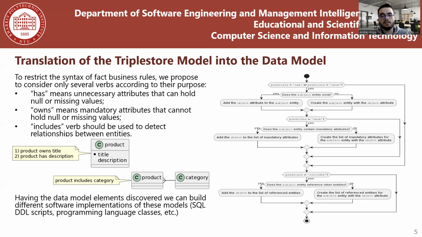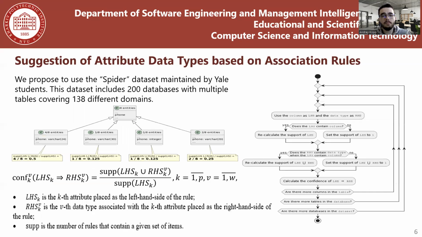Having this data model obtained using proposed algorithm, we can build different software implementations of such models, like SQL scripts for database creation, programming language classes and objects, and other software engineering artifacts.